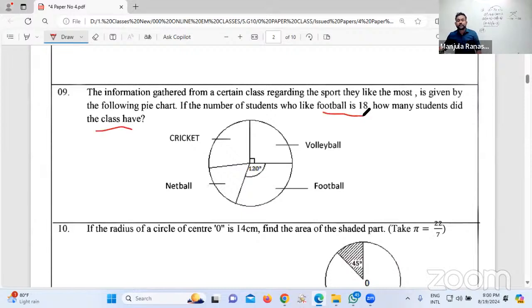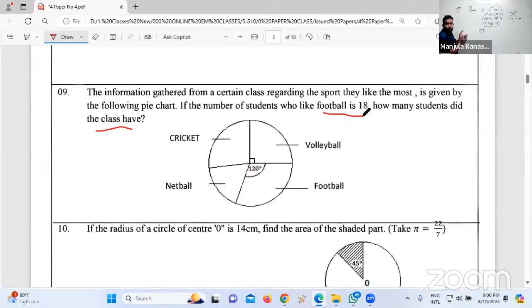When you are dealing with questions on pie charts, first take the relationship between the angle and the number of students. Then write in this manner, then it would be very easy to solve.